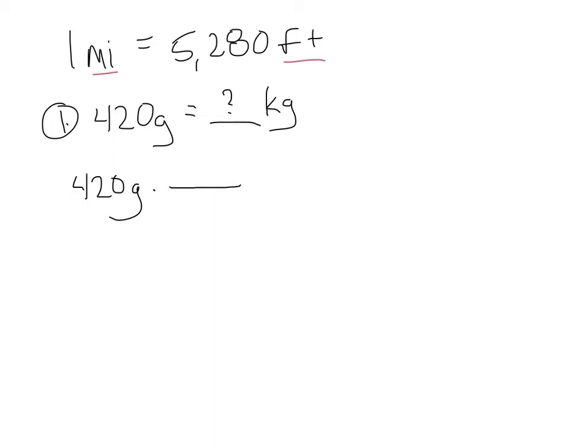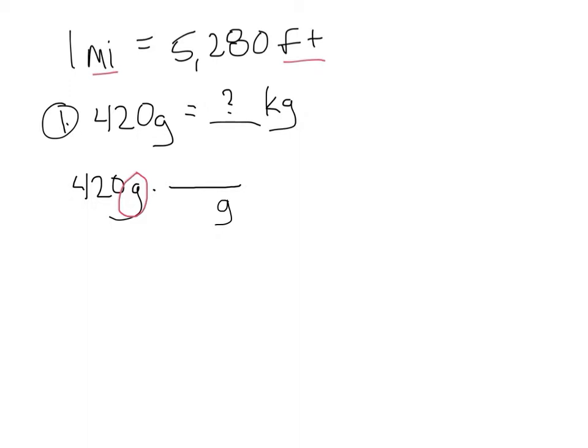We want this grams right here to go away and to convert to something else. So if this grams starts in the numerator right here, I need to put it in the denominator, right? So that it will eventually cancel out.